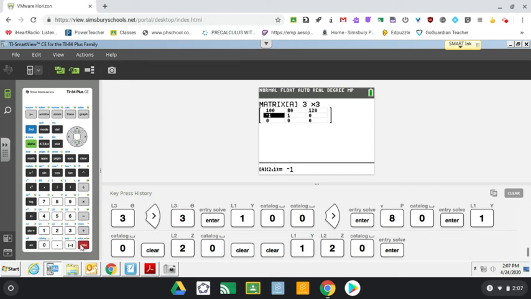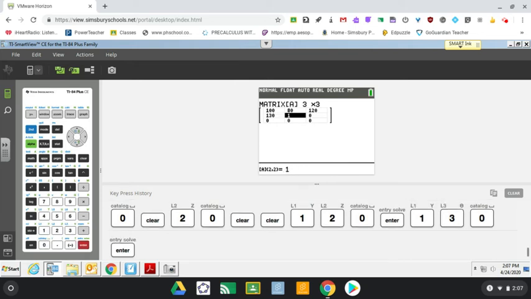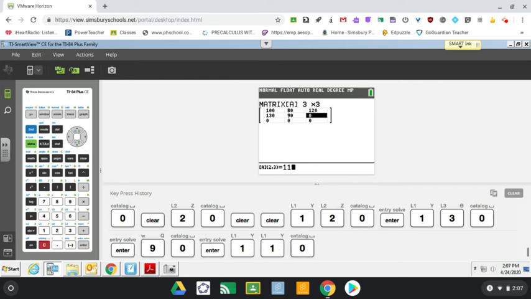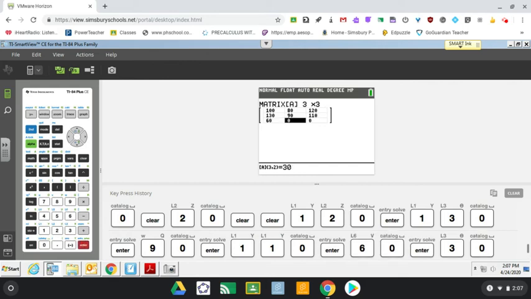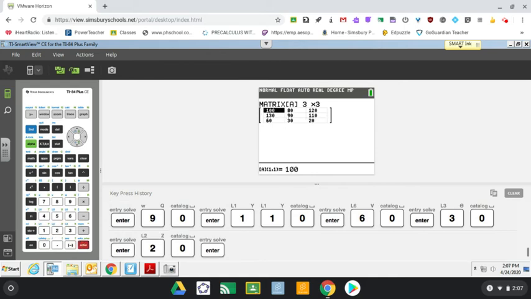Then we have 130. Then we have 90. 110. 60. 30. 20.